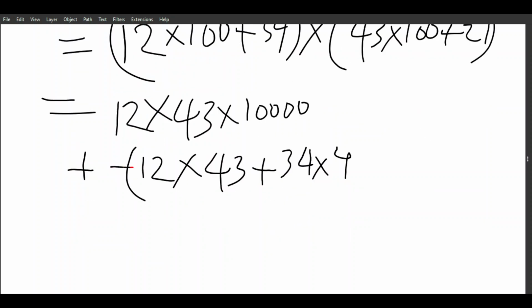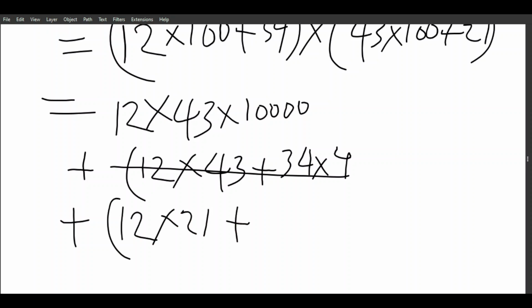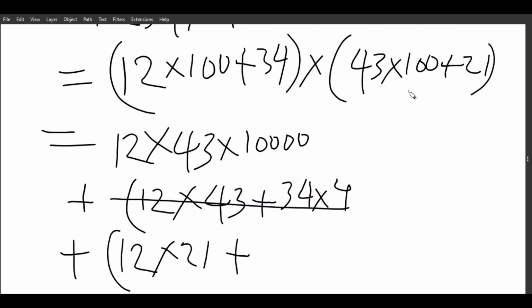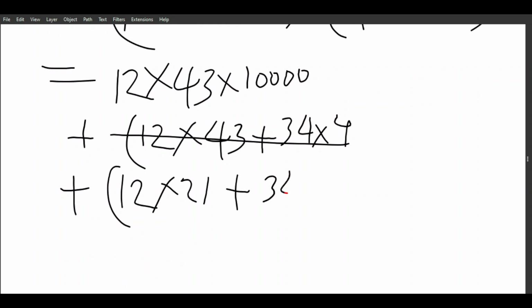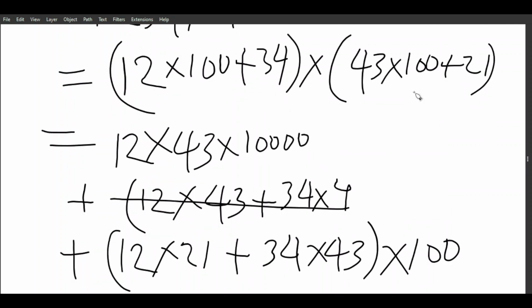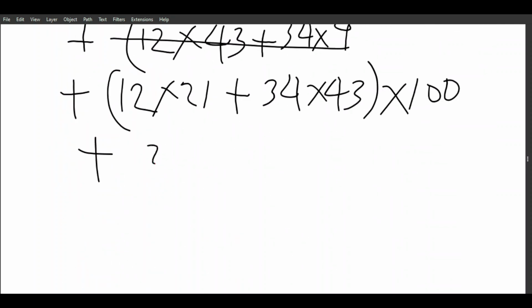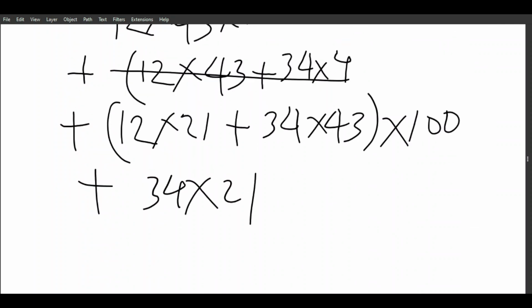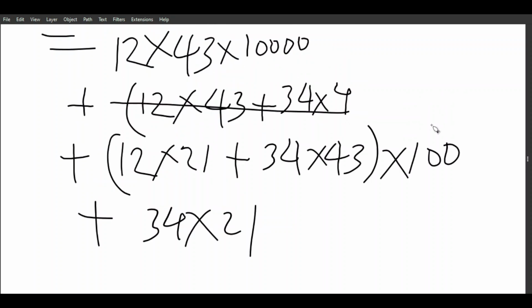Okay, I will correct this. This is plus 12 multiplied by 21 plus 34 with 43, this much multiplied by 100 plus, and the last is 34 21. So here you can see we have broken the problem.